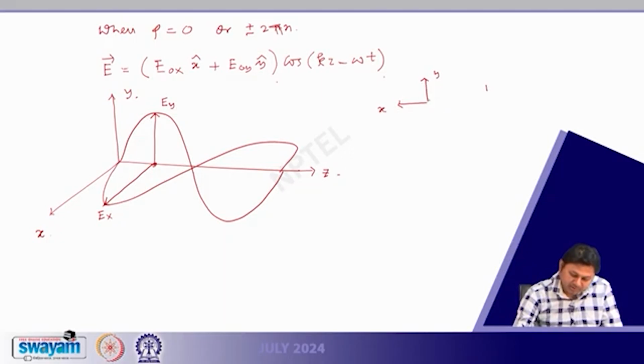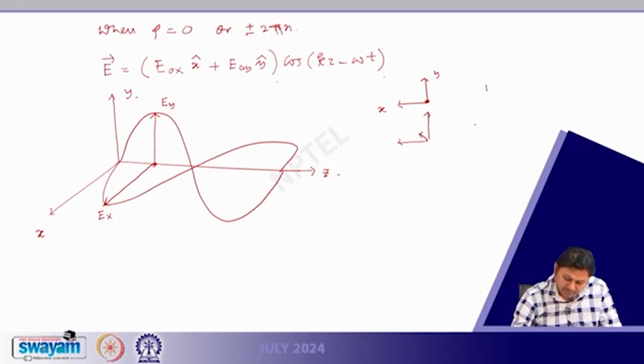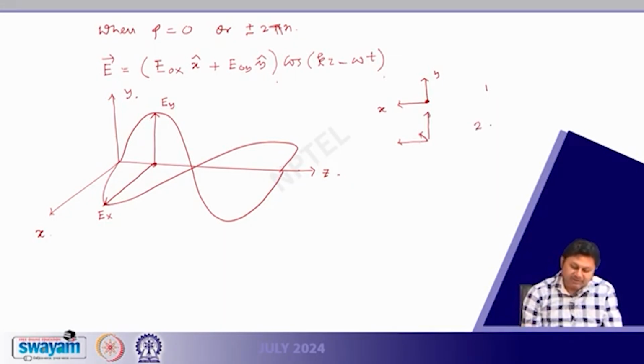In figure 1, both are 0, so I am going to get a tip here where the electric field is 0. Now, gradually the electric field is increasing both for Ex and Ey, so I get a small increment here, and this is figure 2 with a 45-degree angle.